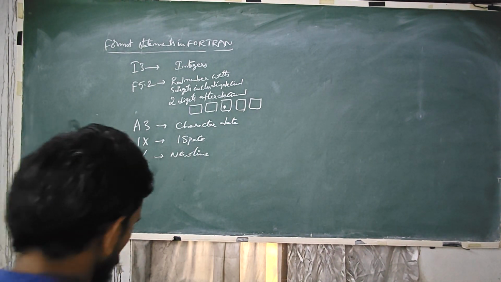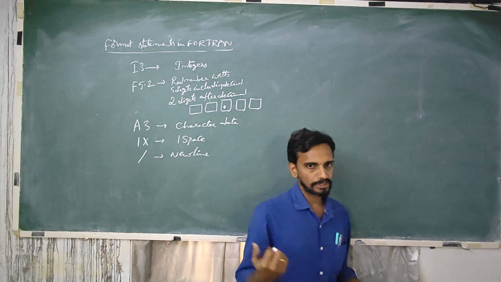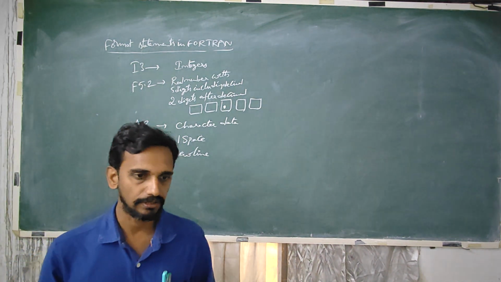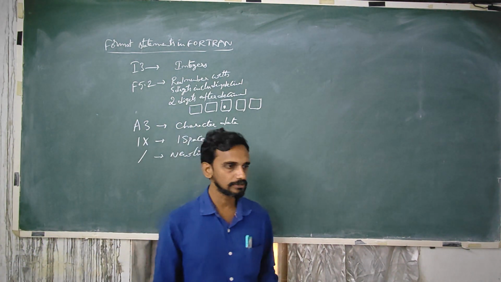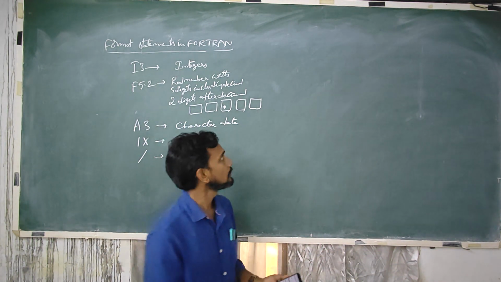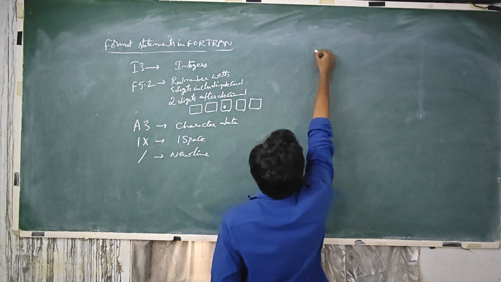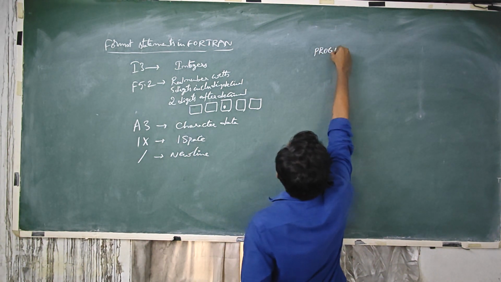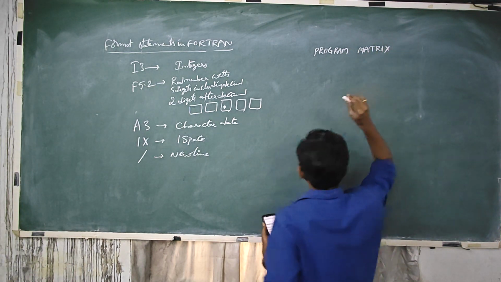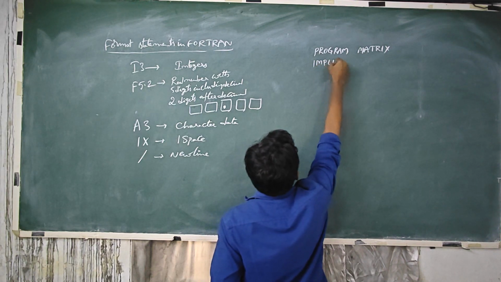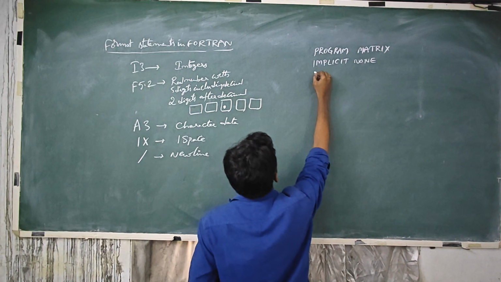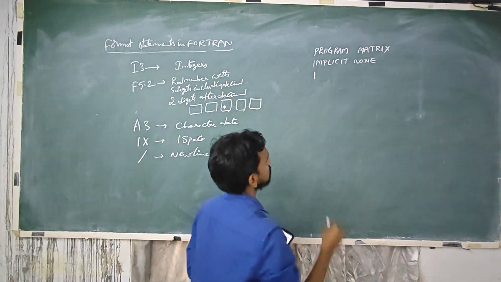Let's say you read some data from keyboard and write it as a matrix. Let's say 9 numbers, and you would like to write it as a 3x3 matrix. So then what shall I do? Let's say I'm assuming only integer data.